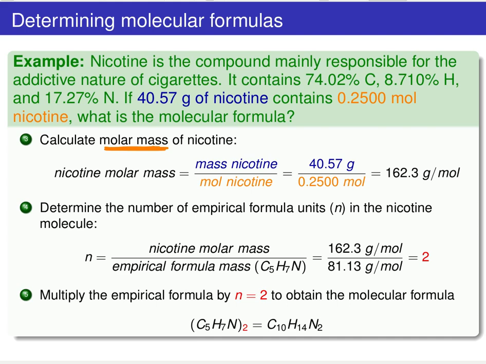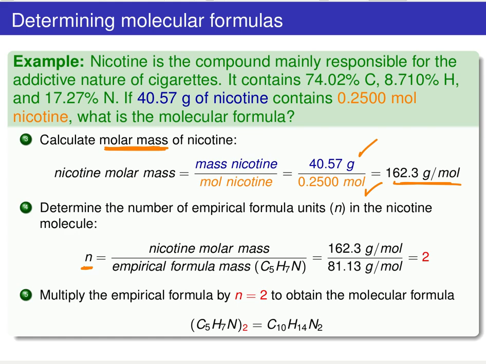All right, so the nicotine molar mass is just that, the mass of nicotine per mole of nicotine. In this case, in blue here, we have the mass of nicotine, and in orange, we have the moles of nicotine. We're going to take that ratio and we will arrive at the molar mass of nicotine. Then, once we have this information, we can pick up where we started in our method for this unit. We're going to find that integer n that defines the number of empirical units present in the molecule.